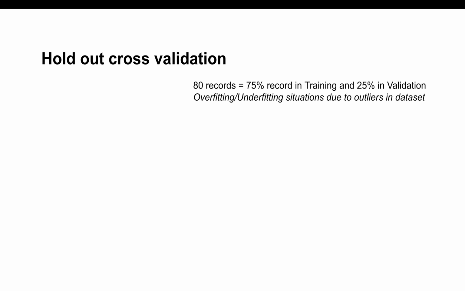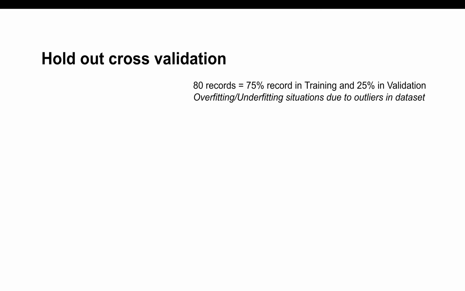Now similarly, there is another method called hold out cross validation. In hold out cross validation, if you have 80 records, 75% of the records you will mark as training records, and 25% will go in the validation set. So by percentage, you are holding 75% in training and 25% in validation.